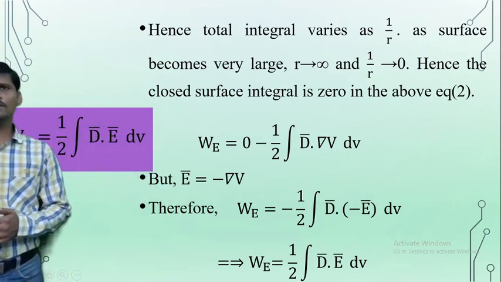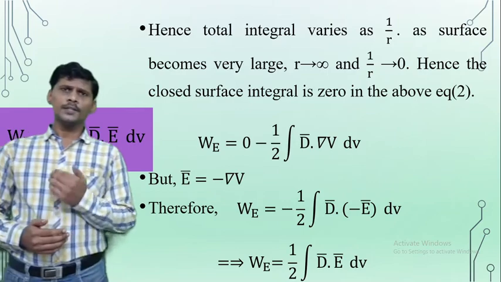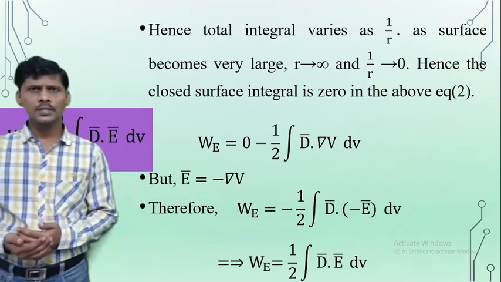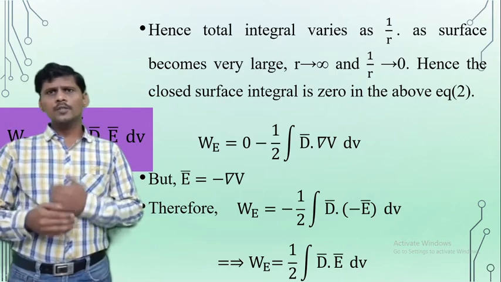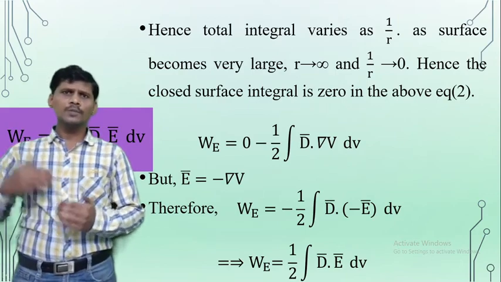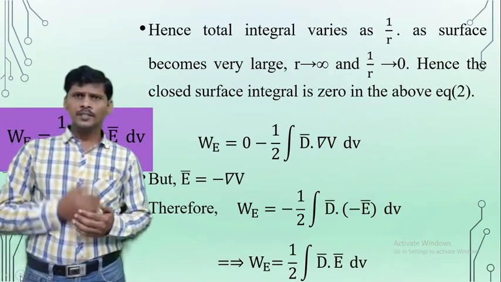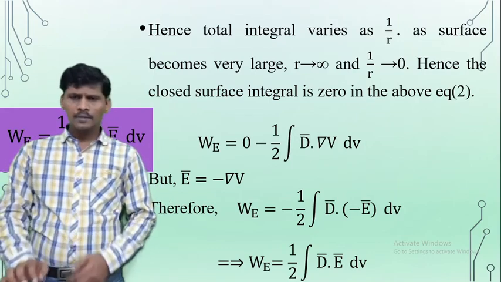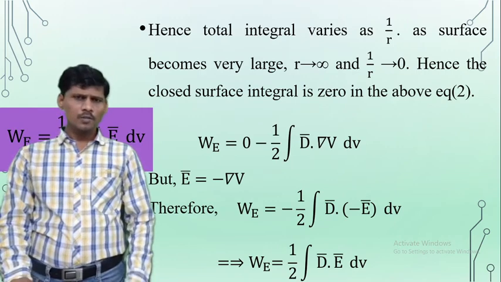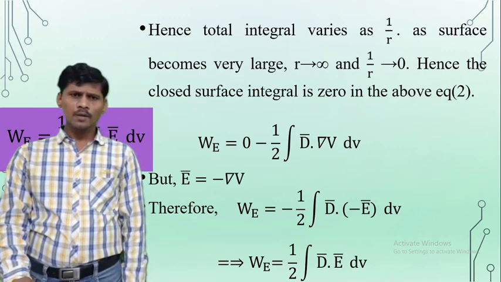So this is the equation of energy stored in terms of electric field intensity and electric flux density. The alternative expressions of energy stored in terms of electric field intensity and in terms of electric flux density, we can also obtain using the relation d bar equals epsilon into E bar.